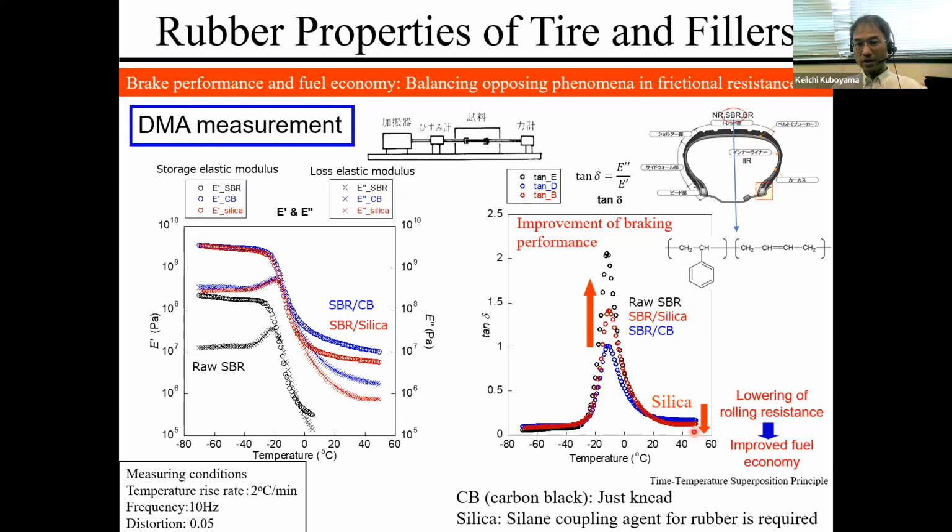And the rolling resistance of the silica one is lower than carbon black. So both are better than the carbon black one. Recently, such investigation has improved, and some tires are made using such materials.